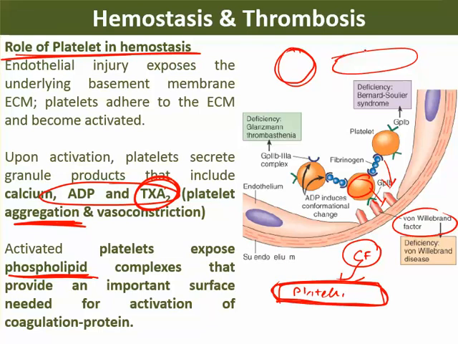When the platelet becomes flat, the phospholipid surface becomes larger, so more clotting factors can sit and get activated. That is why the platelet changes shape. It acts like a surface for activation of clotting proteins.